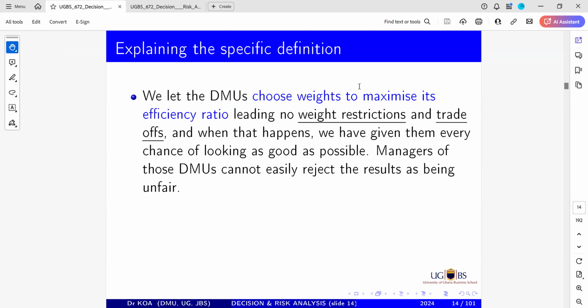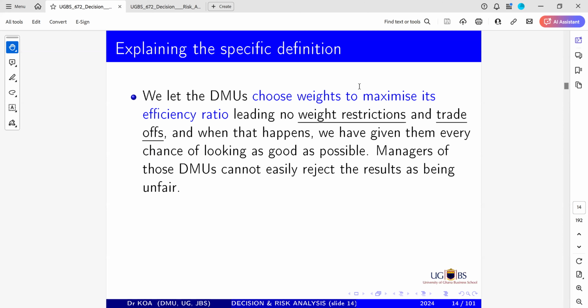It means that each DMU is allowed to choose the weight to maximize its own efficiency. But in the process of doing that, the same weight is given to every other firm to be sure that what this firm is doing for itself is the best way for everybody, because we are all in the same production possibility set.